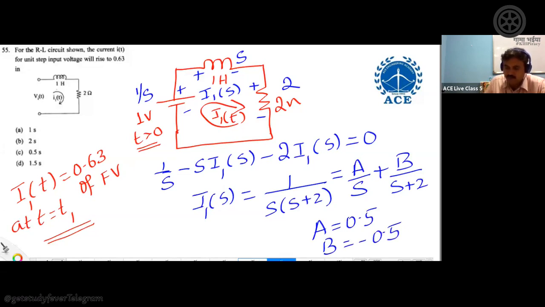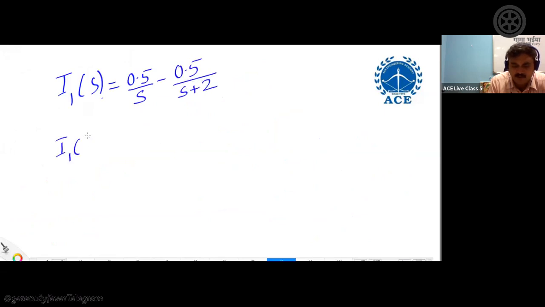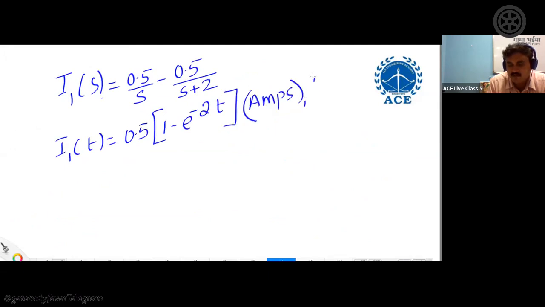So I1(s) is 0.5 by s minus 0.5 by (s plus 2). So what is my i1(t)? Taking 0.5 common, i1(t) equals 0.5 into (1 minus e power minus 2t) amps for t greater than 0. Simple. Now what is the requirement he is asking?